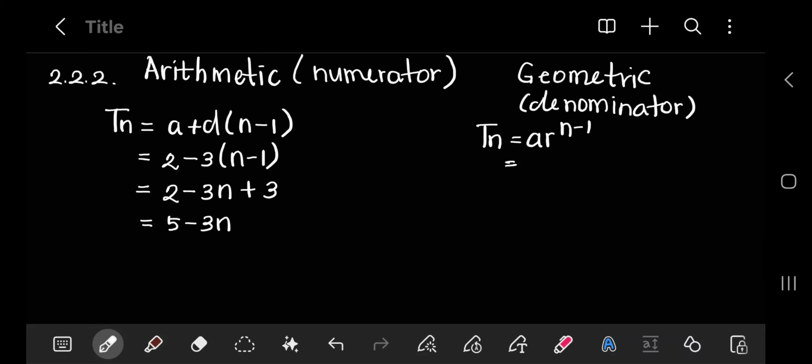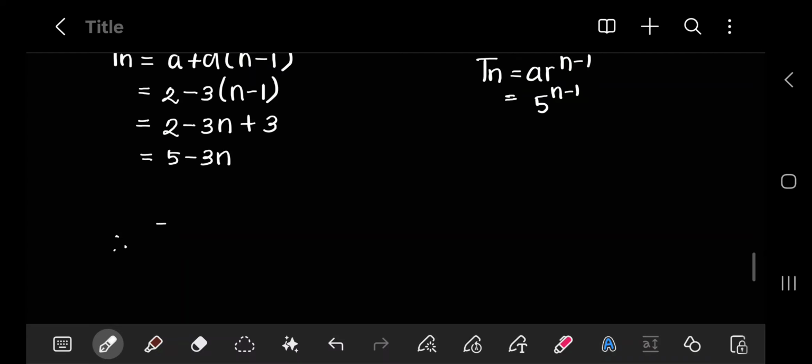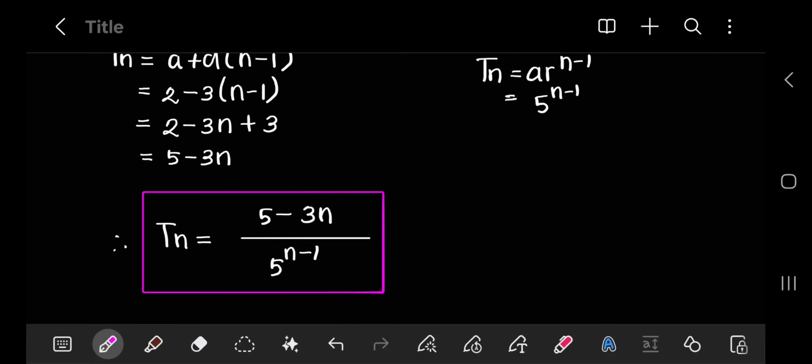Since a is 1, it's not really necessary to show it because we're going to have 1 times something. So I'm going to leave that part out. And then r is 5 to the power n minus 1. Now we can write out the final general term where the numerator is the arithmetic part, 5 minus 3n, and the denominator is the geometric part. So this would be your final answer.